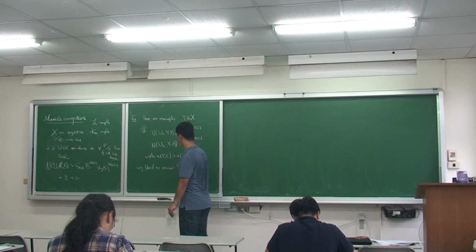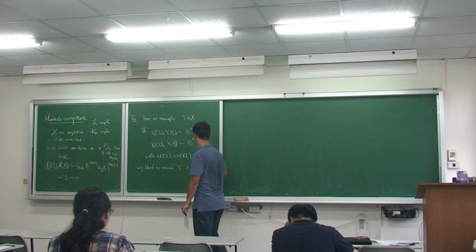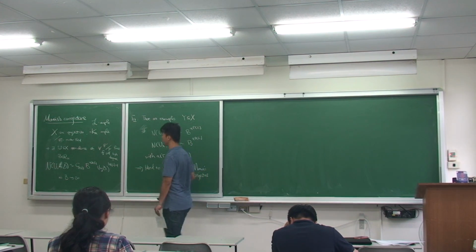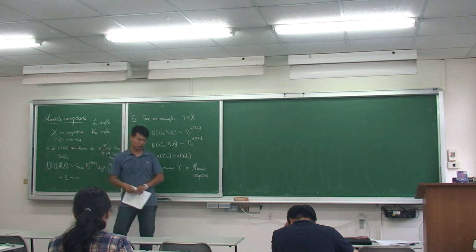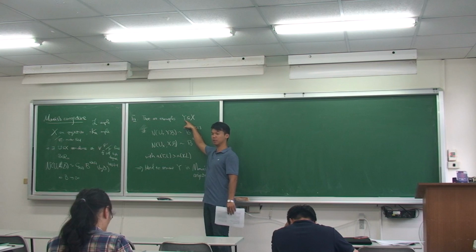So we exclude such Y from this conjecture. That's why you don't take the whole variety, but you take an open set. The first problem is that this kind of subvariety can be many.